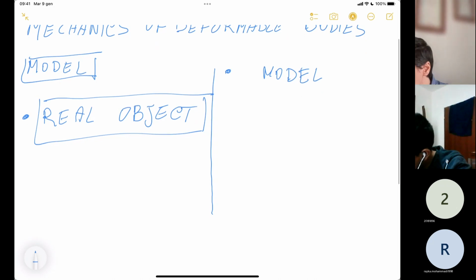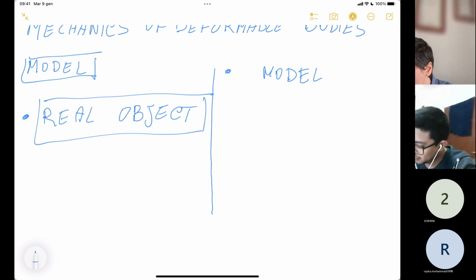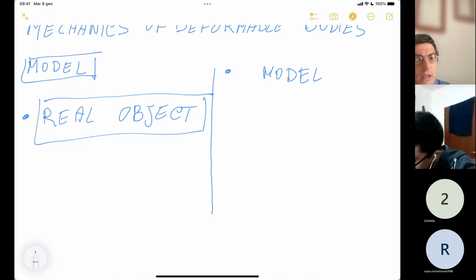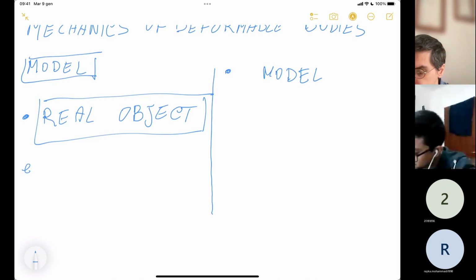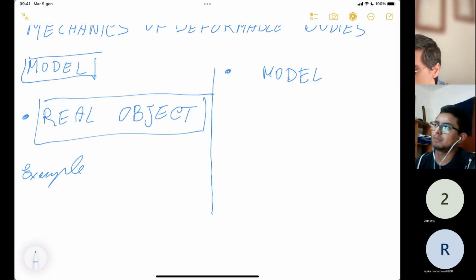Why do I tell you this? I'm sure that you already know from the course of physics that the real object can be modeled in different ways. Let's do the example of the Earth.